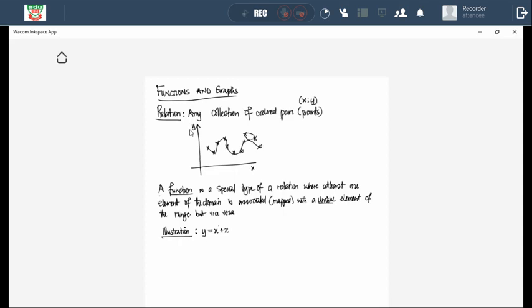Algebraically, from an algebraic perspective, we just say any expression with x and y, we call it a function. Now look at this, I've got a function like that. That's a linear function, because the highest exponent of x there is 1.